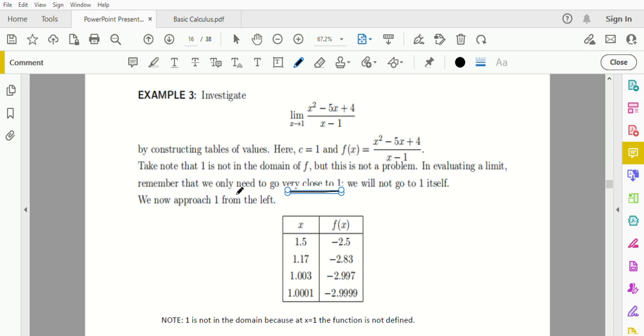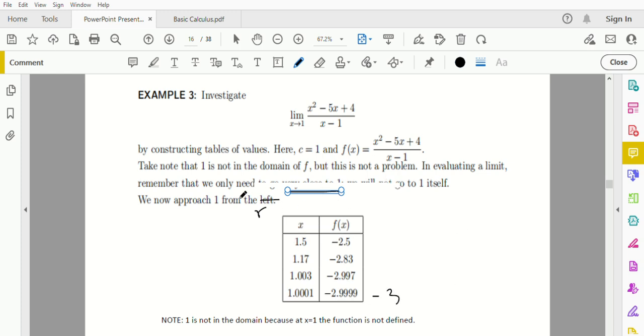So we now approach 1 from the left. This is from the right. So we have 1.5, 1.17, and if you notice what happens, it approaches negative 3.